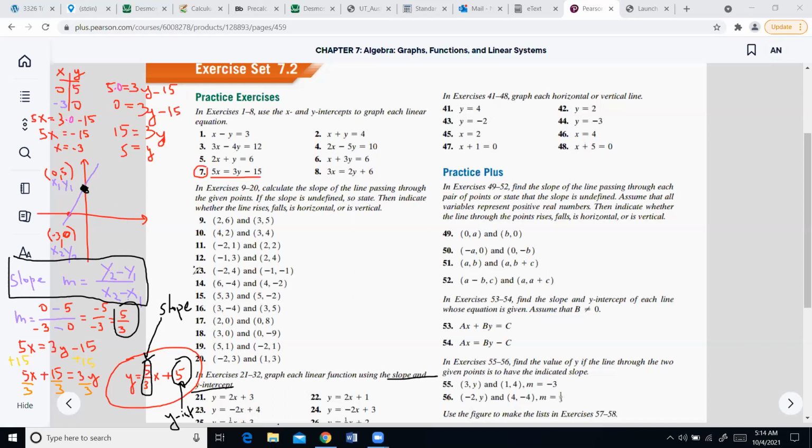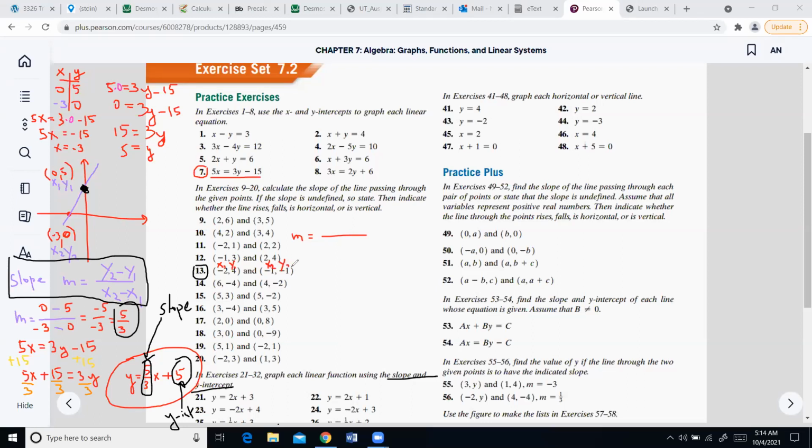Maybe I can do problem number 13. So look at the equation of the line in exercise number 13 and find the slope. The slope will be a difference in y coordinates divided by a difference in x coordinates. So I'm going to mark these points as x1, y1, and then the second point x2, y2.